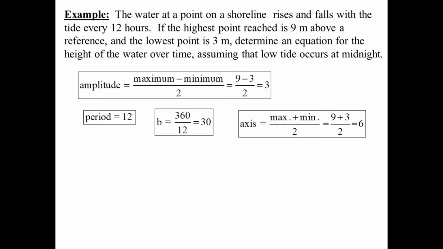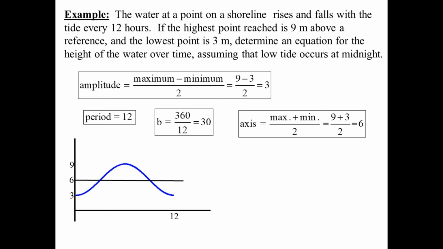Now that we have all of this data collected, we are ready to make an equation for the situation. But we might sketch it first. It says low tide occurs at midnight, so here we have low tide occurring at the beginning. And as the clock ticks, the tide comes in and out.